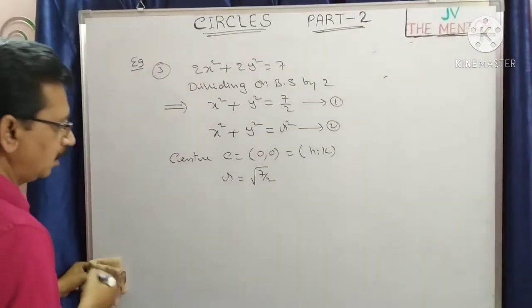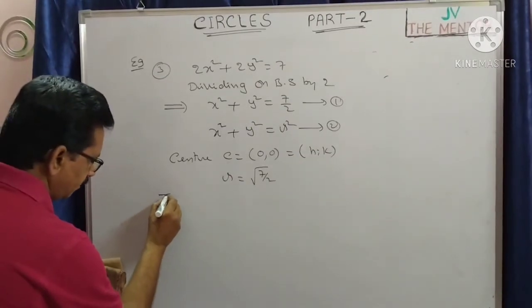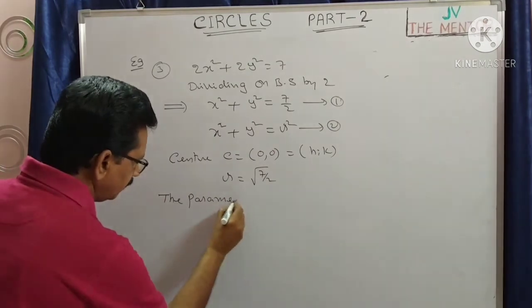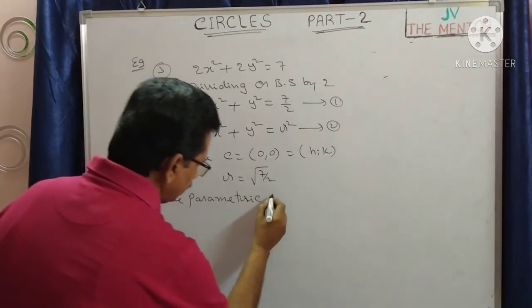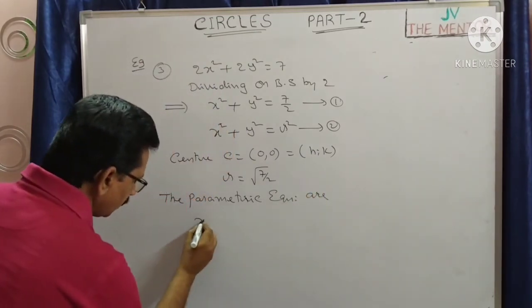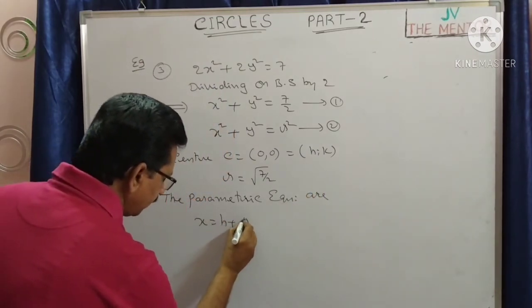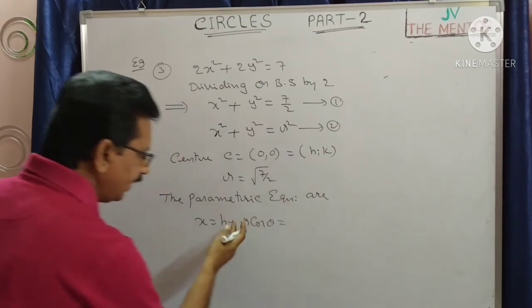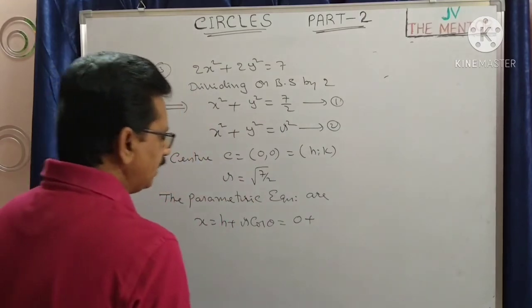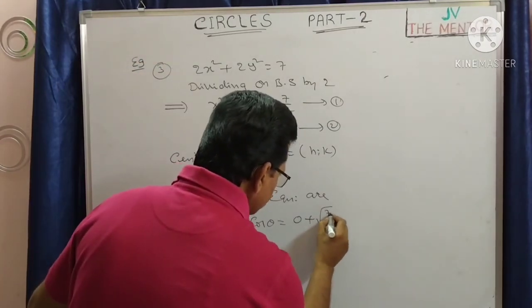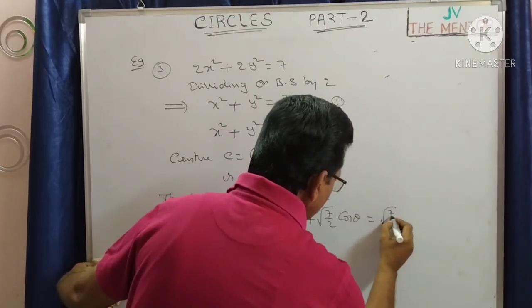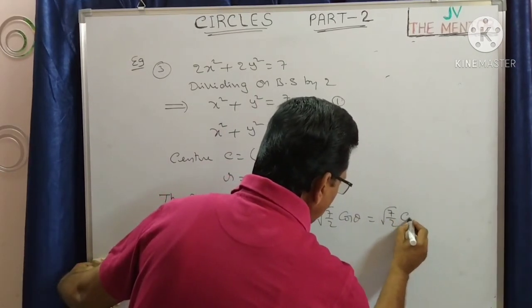Okay, now write the parametric equations. The parametric equations are x equal to h plus r cos theta. Here h is 0. 0 plus r. What is the value of r? Root of 7 by 2 cos theta, that equal to root of 7 by 2 cos theta.